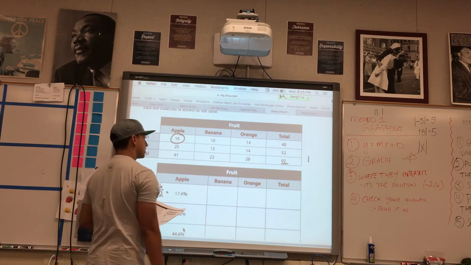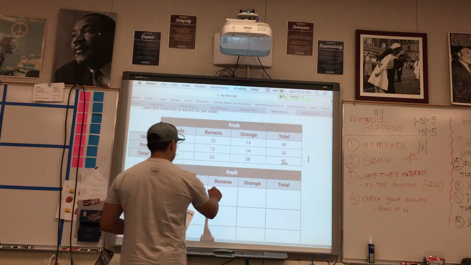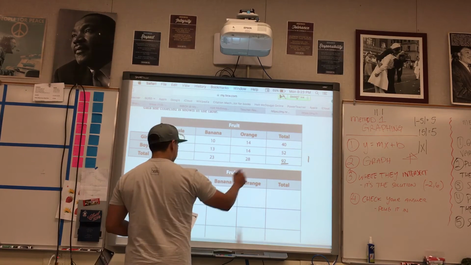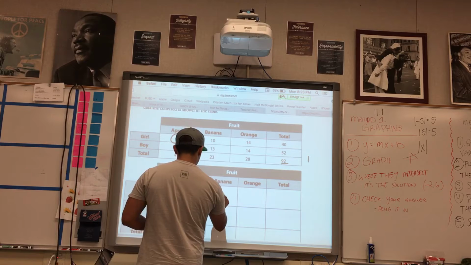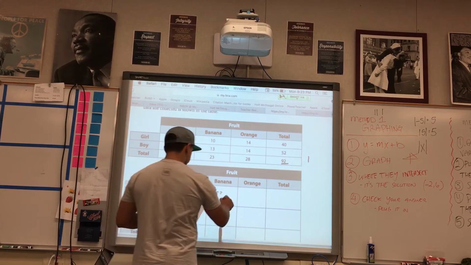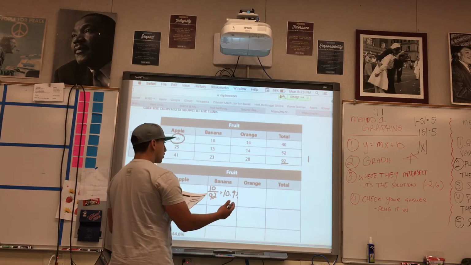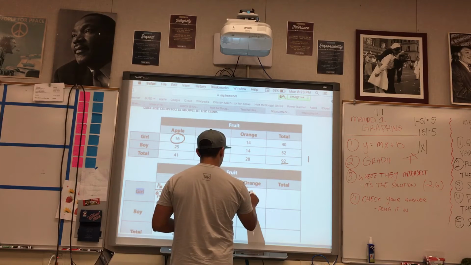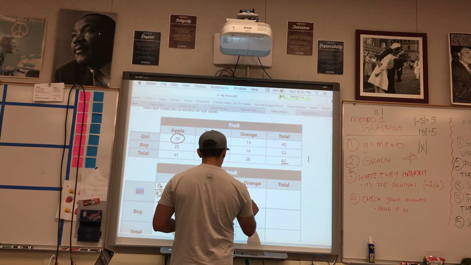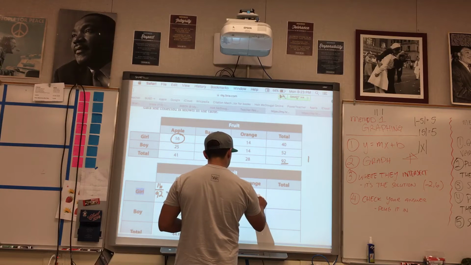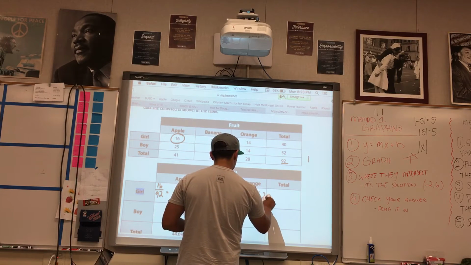Okay, so 10 girls selected banana out of 92 people. 10 divided by 92 is 10.9%. Oranges, 14 selected out of 92, which equals 15.2%.